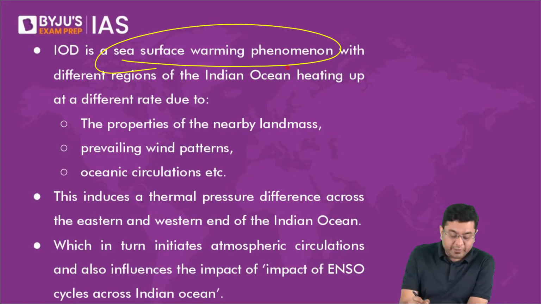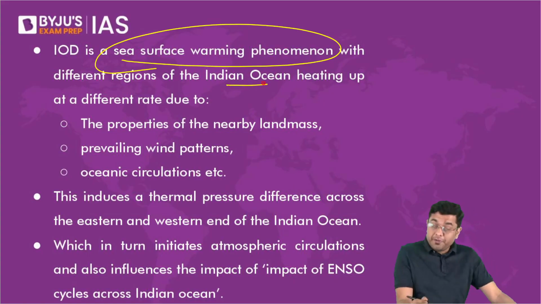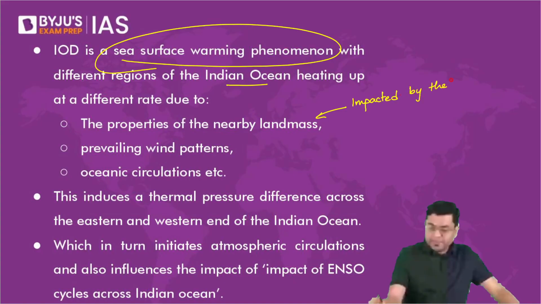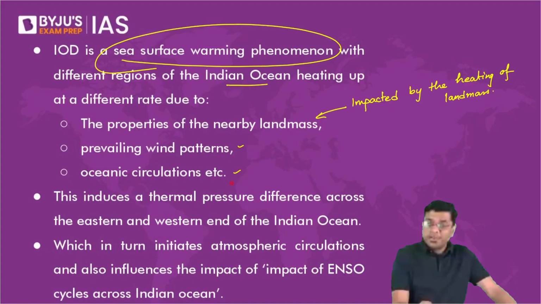And that sea surface warming phenomenon basically is what attains different temperatures at different portions of the Indian Ocean, and different portions of Indian Ocean heat up at a different rate because of properties of the nearby landmass that is impacted by the heating of landmass, prevailing wind patterns, and sometimes even oceanic circulations.